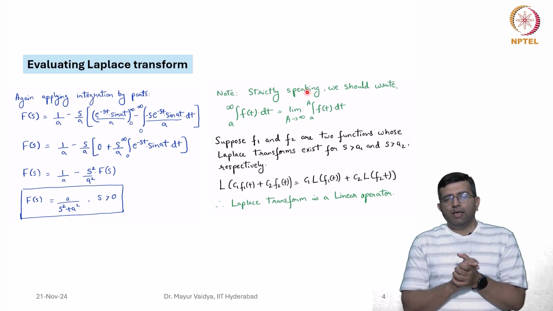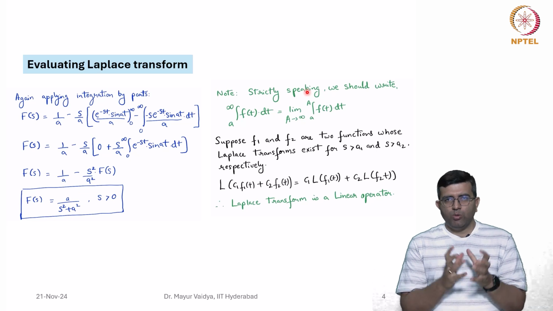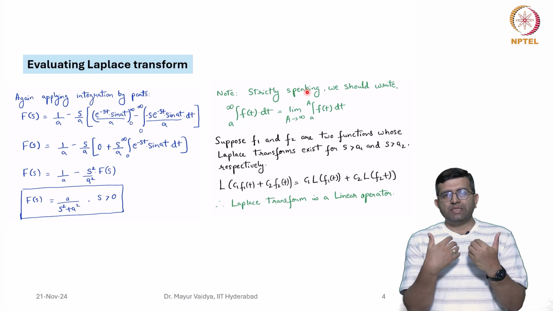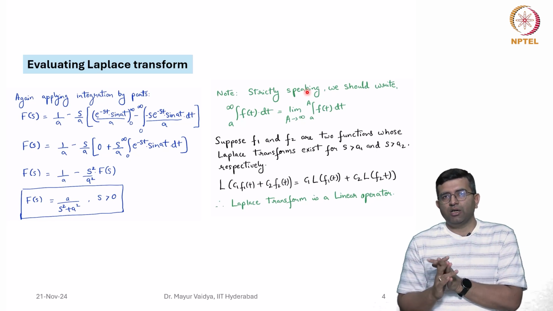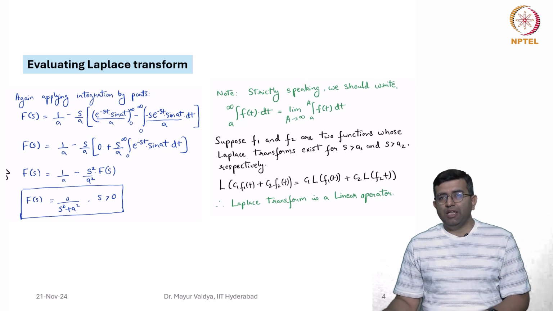Now, let me tell you one important property of Laplace transform, which may seem at first a little trivial to you, but we seamlessly use it without even realizing that we are using this powerful property, which is that Laplace transform is a linear operator.